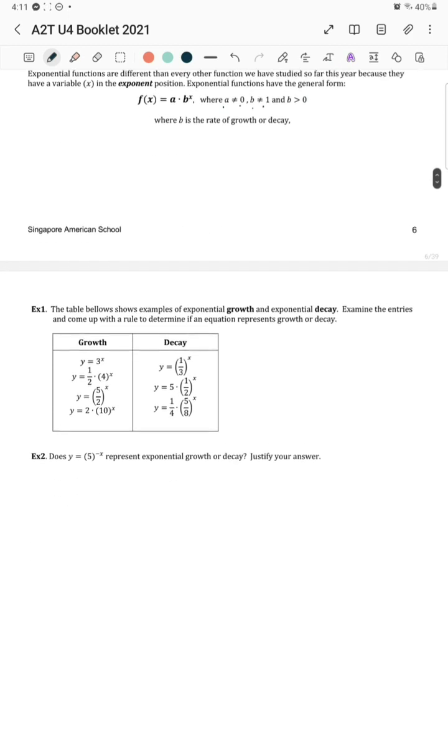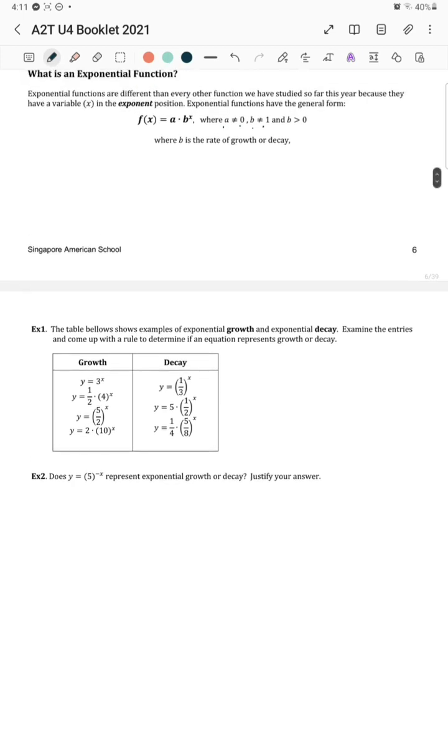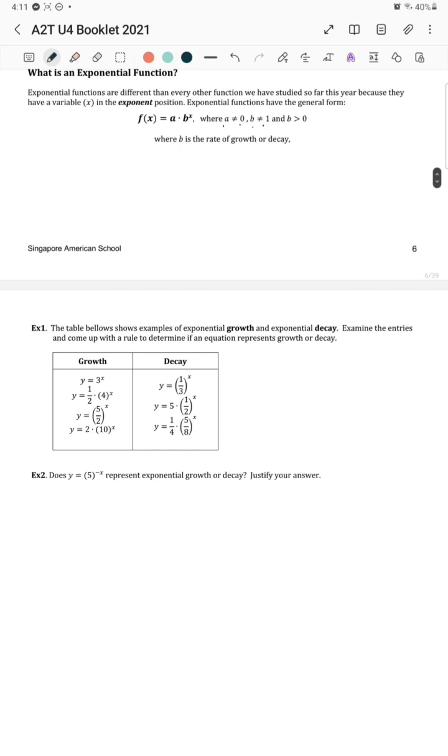The table shows examples of exponential growth and exponential decay. Examine the entries and come up with a rule to determine if an equation represents growth or decay. So if b is greater than 1, it represents growth.